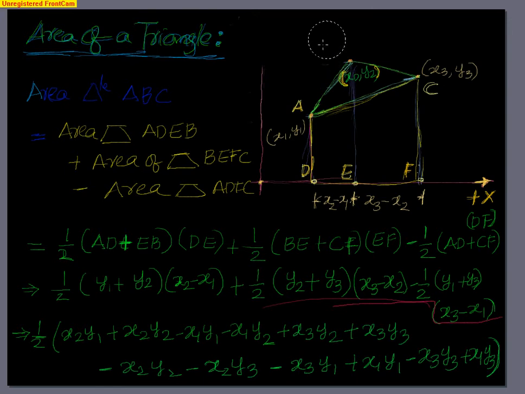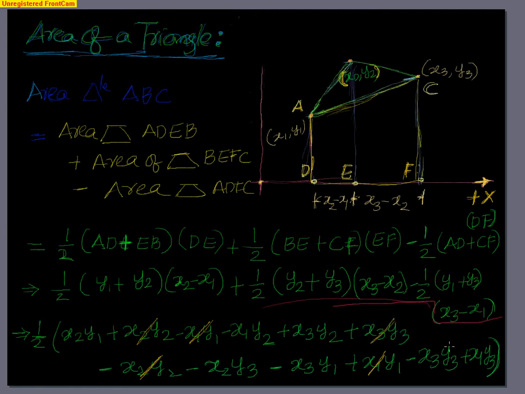Now let's simplify this. See here, I can see x1 y1 and x1 y1 cancels. I can see x2 y2 and x2 y2 cancels. I can see x3 y3 and x3 y3 cancels.